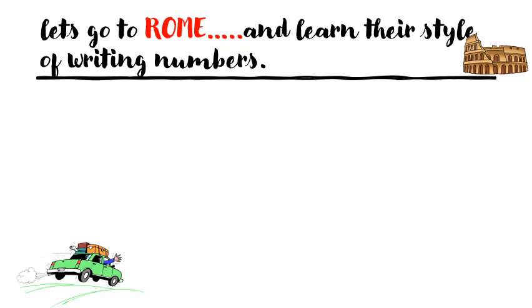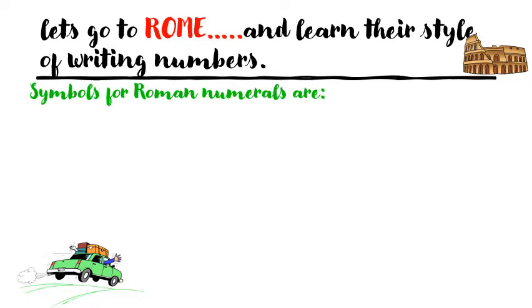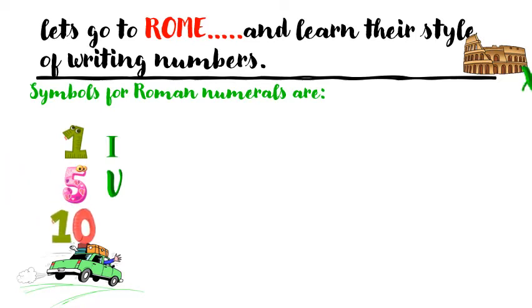Children, Romans use letters of English alphabet to represent the numbers. So symbols for Roman numerals are, for 1, they use the letter I, that is capital I. Then for number 5, they use capital V. Then comes number 10, and for 10, they use X. Remember, all the letters used here are capital letters.